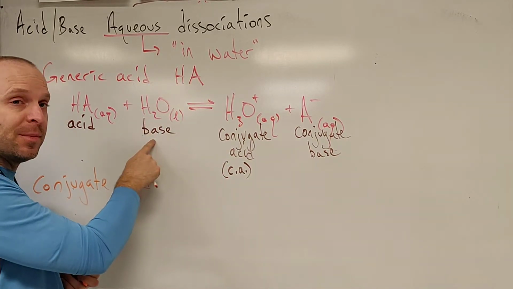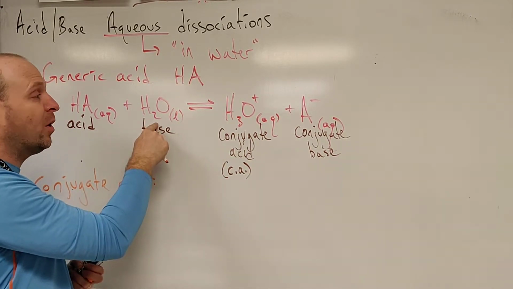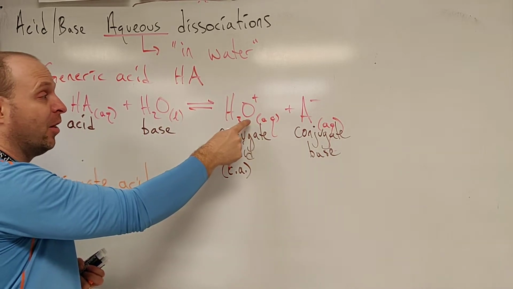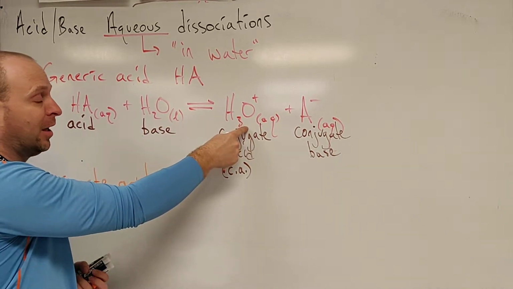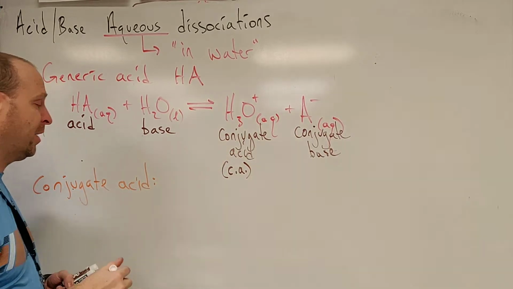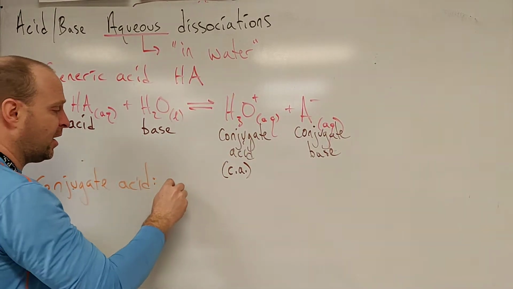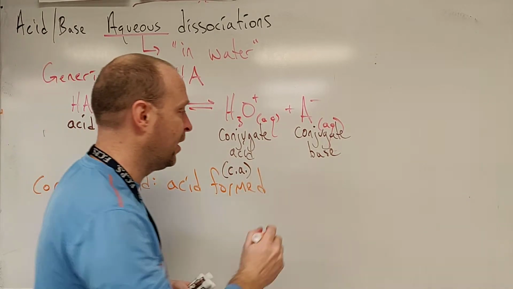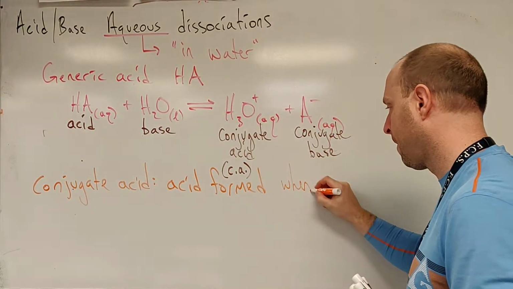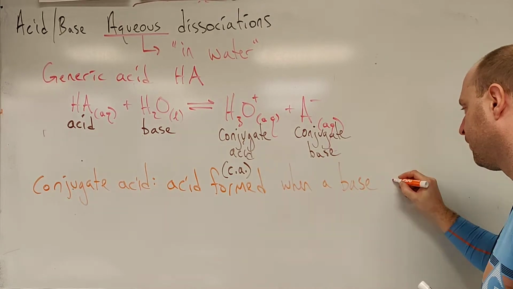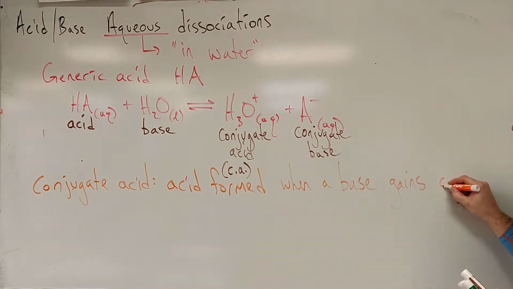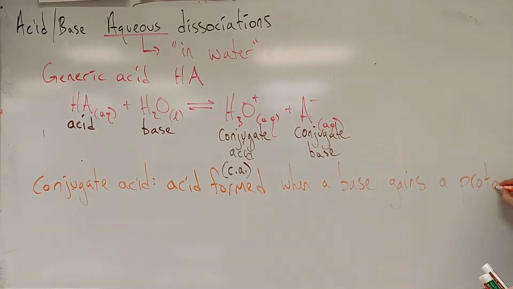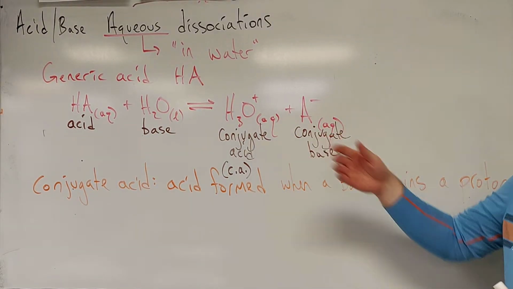So H2O was a base, it's also an acid, but H2O was a base, it gained a proton, the new thing has a proton that it can give away, that means the new thing must be an acid. So our conjugate acid is the acid formed when a base gains a proton. All right? The acid formed when a base gains a proton. So that's our conjugate acid.